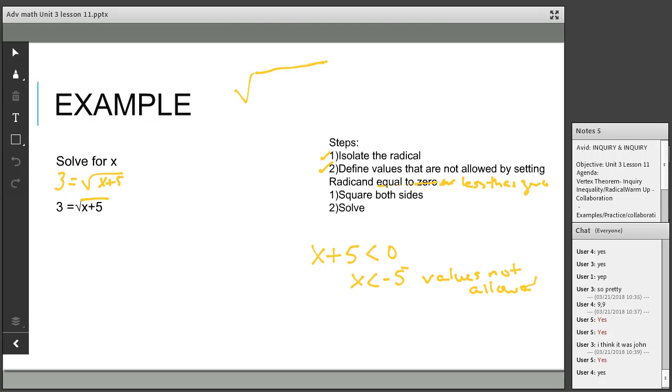Just so I rewrite it, it's 3 equals the square root of x plus 5. The x plus 5 is all underneath the square root sign. Yeah, square both sides. Beautiful.